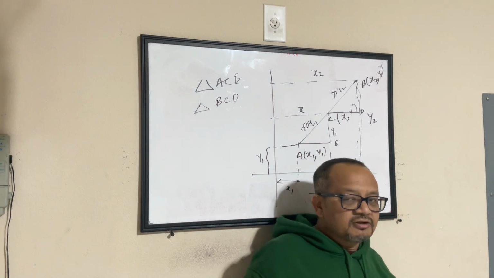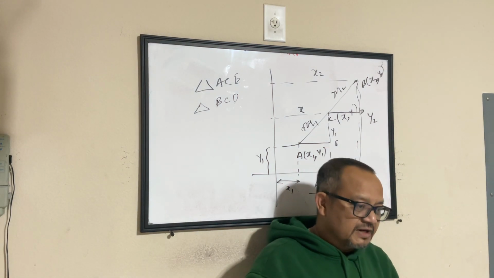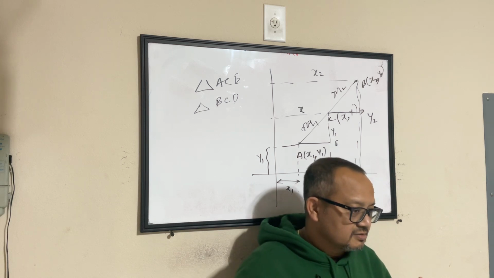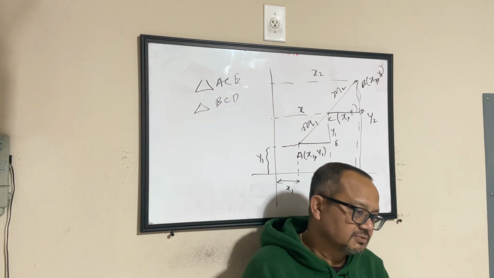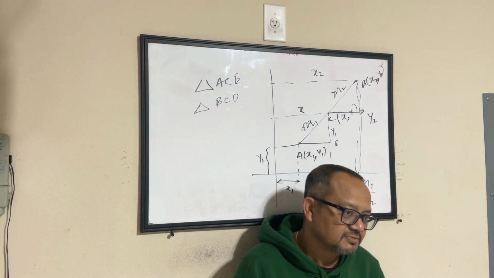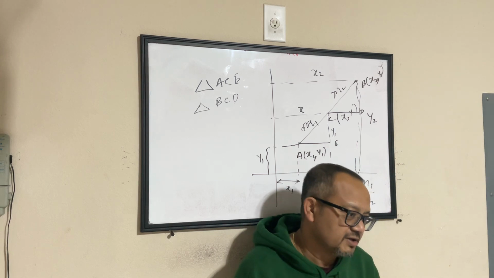I want you to believe that these two triangles are similar. Do you think I can dare to say so? Arihan thinks that I can say these are similar. Why?